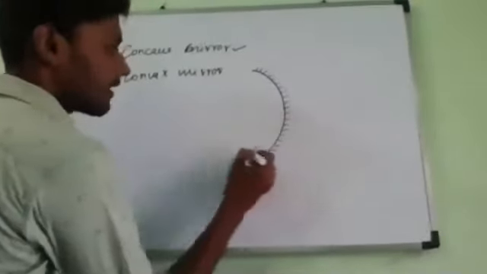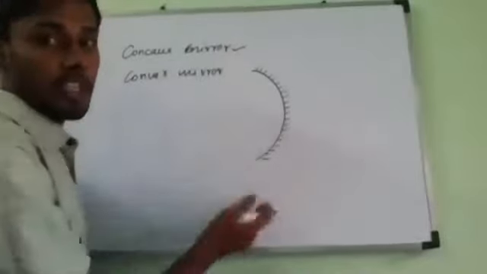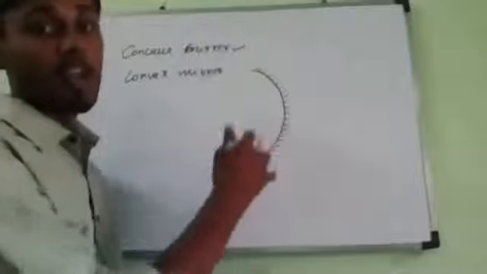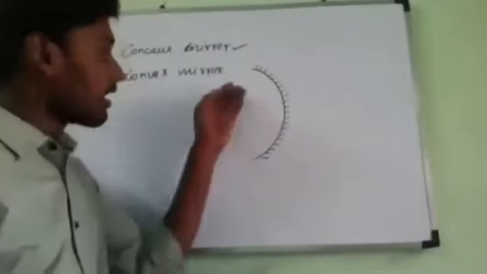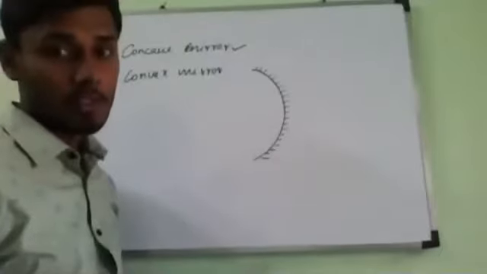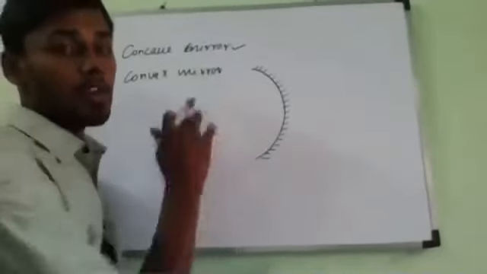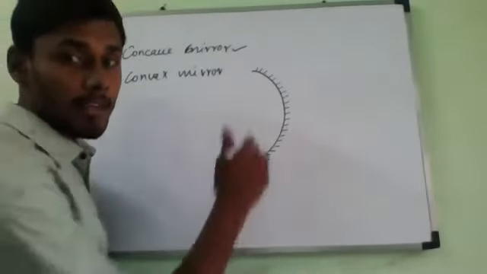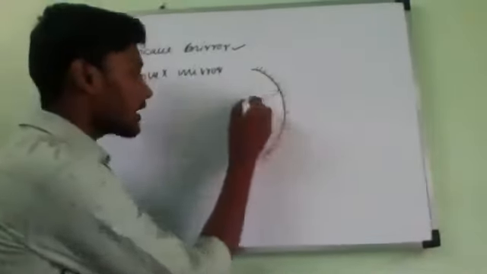The outer surface, which we represent with oblique lines, is the non-reflecting surface, and the inner shining surface is the reflecting surface. So a concave mirror is the spherical mirror in which the reflection of light takes place at the concave surface.